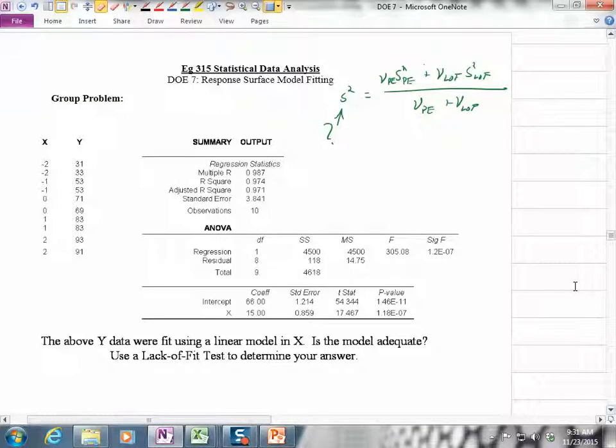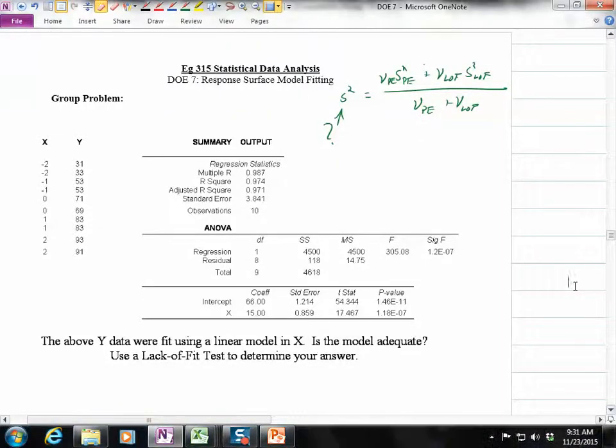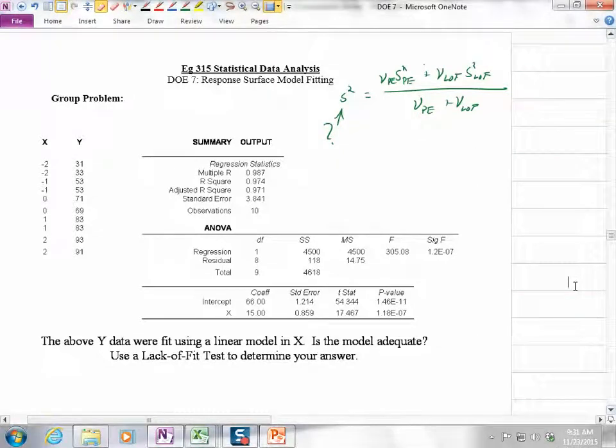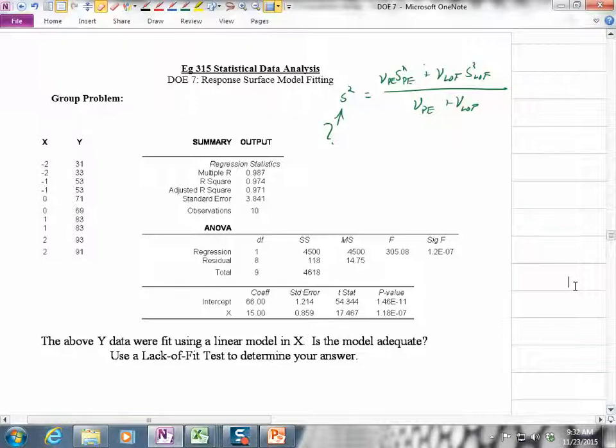Anyone having trouble getting started? Okay, good. Not sure where to start. Okay, so first would be to kind of identify in here, where do you have s squared? Is that from ANOVA stuff, the SS? Yeah, you can get it a couple places. So that's s. Okay. So you could square that. S squared is there. There's SSE.